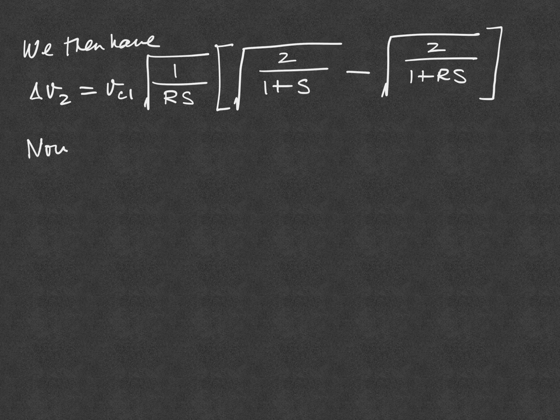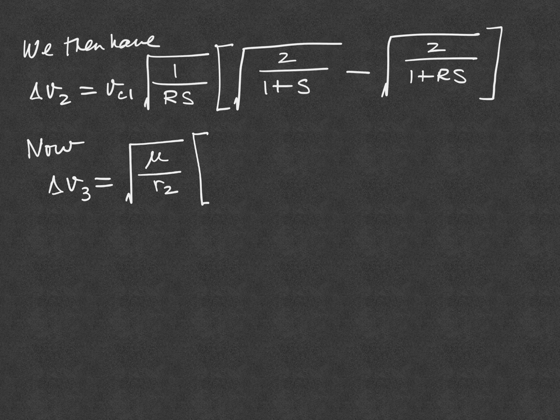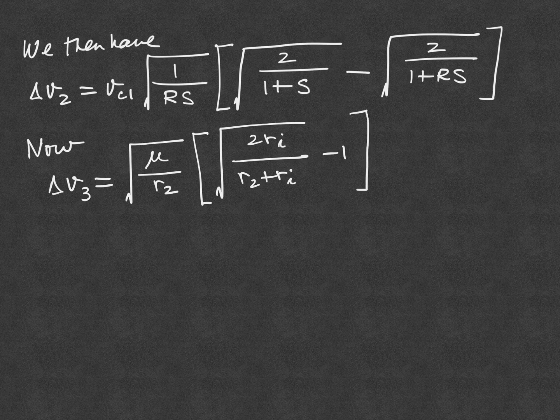Now, delta V3, which was computed earlier, is equal to the square root of mu over R2 times the square root of 2Ri, all divided by R2 plus Ri minus 1, which can be written as follows. So the factor in front is going to be rewritten by essentially multiplying by 1 in a manner similar to the way I did it before. So it's going to be the square root of mu over R2 times R2 over R1 times R1 over R2.